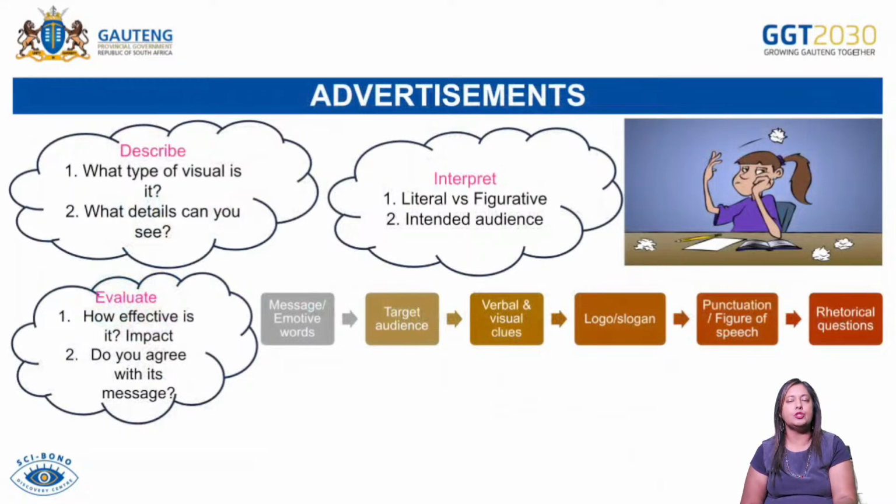Have I been able to evaluate? In other words, how effective was this image or the words used in that text in terms of giving me a particular meaning of what's being said? Do I agree with what the advertiser is talking about with relation to that product or that service?